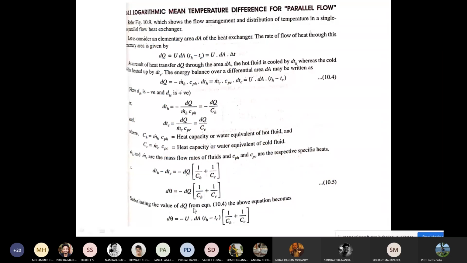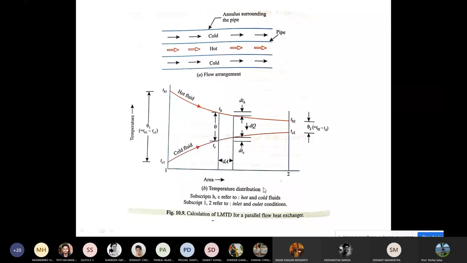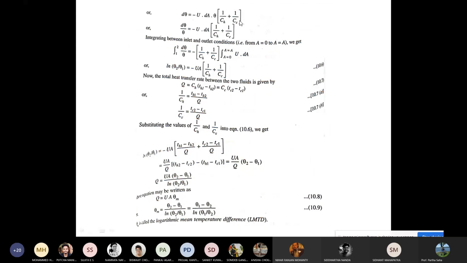Now substitute the value of dq from this expression, U dA (Th minus Tc), and d theta becomes minus U dA (Th minus Tc) times (1 by Ch plus 1 by Cc). So d theta is minus U dA theta (1 by Ch plus 1 by Cc), because Th minus Tc is theta.